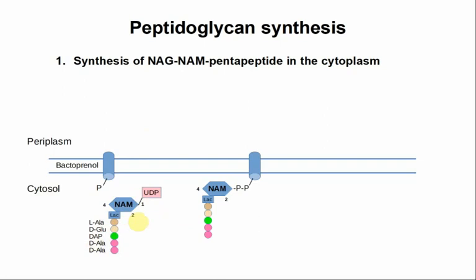Yeah, from the UDP, uridine diphosphate. So you've got phosphate, phosphate, uridine. So you have bactoprenol pyrophosphate, NAM, and what do you get out of here? As you know, once this comes off, what's the other product of this? Yeah, uridine monophosphate, UMP. Okay.